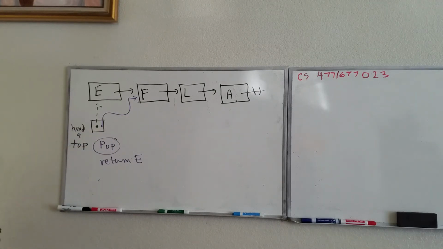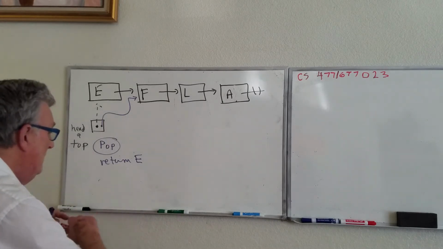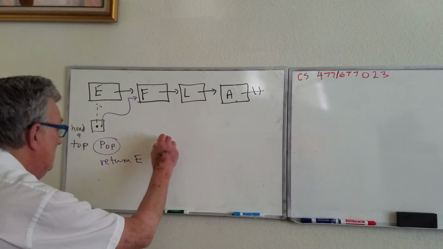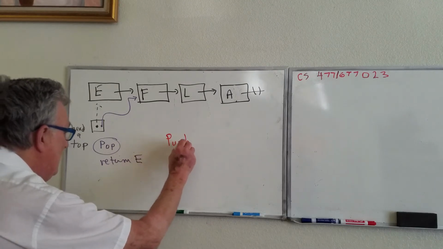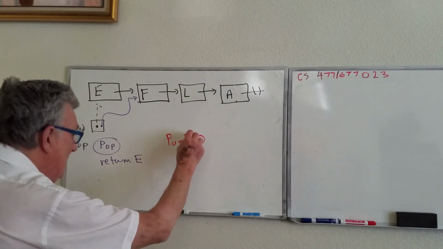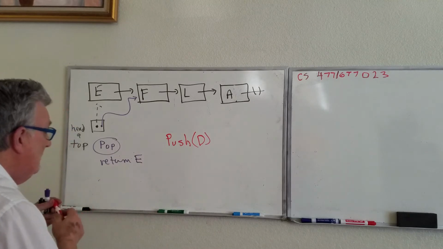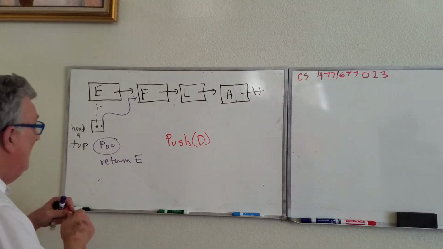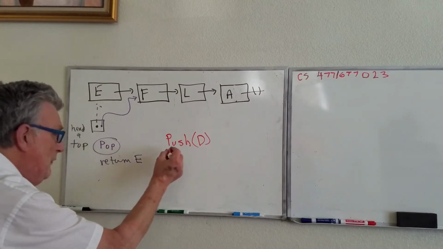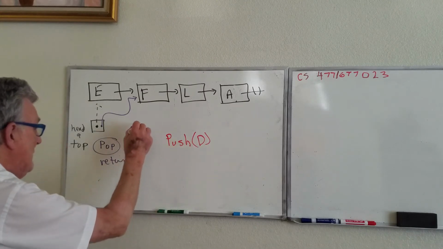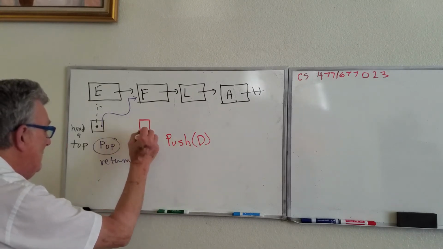All right, now let's look at how we do push. So let's say we push the letter, I think it was D, wasn't it? This would be done in a subprogram, which means that we would now have local variables.